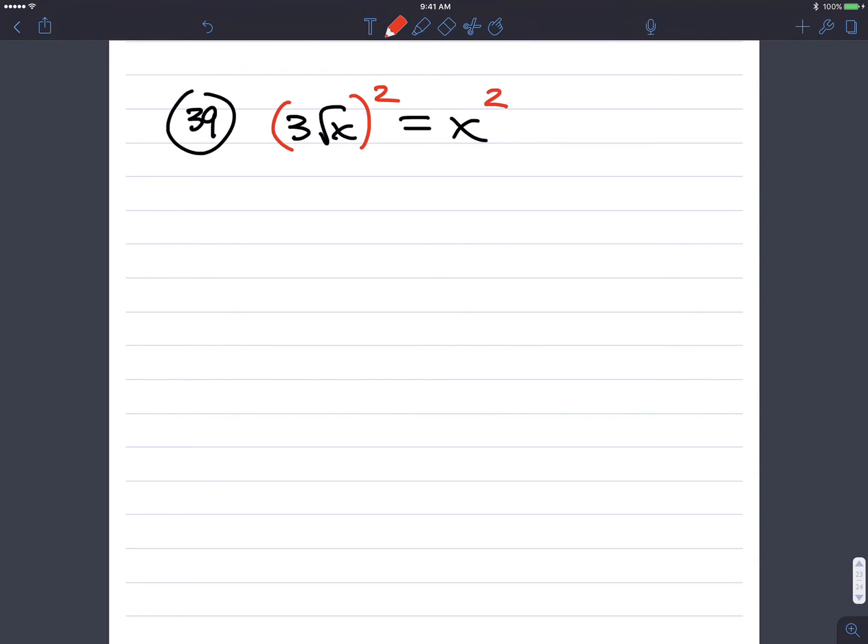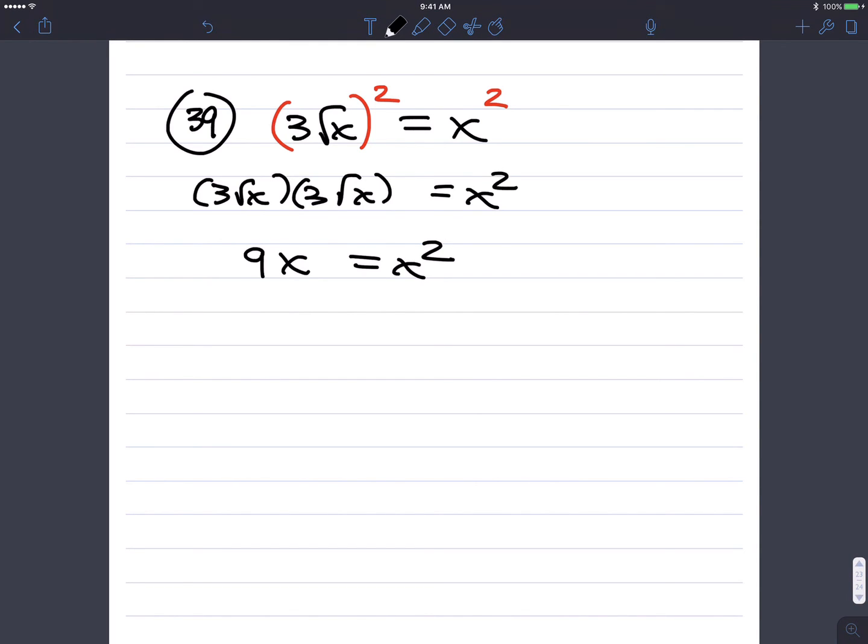What you end up with will be 3 squared times the square root of x squared equals x squared, or you get 9x is x squared. However you want to look at it, the middle portion you can say 3 square root of x times 3 square root of x is x squared, and that gives you 9x is x squared.